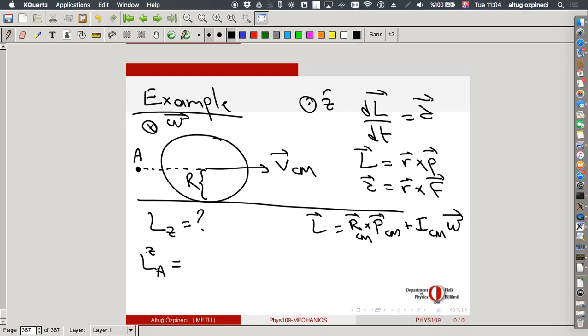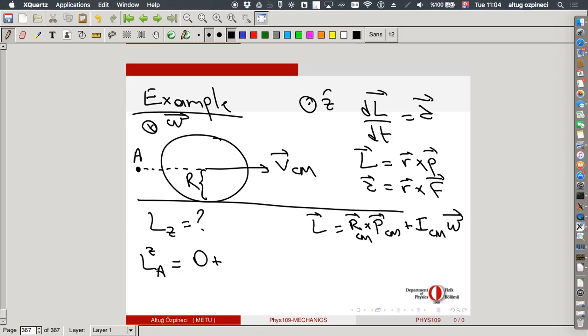This is our expression. This is my reference point. The position of the center of mass is in this direction, relative to the point A. My center of mass has linear momentum in that direction also. So the angle between these two vectors, r and p, is 0, which tells me that r center of mass cross p center of mass is just 0. So I don't get any contribution from the first term.